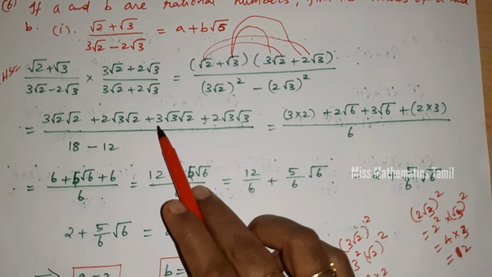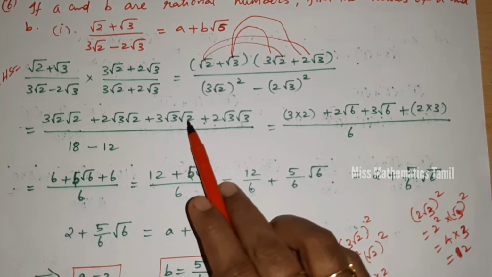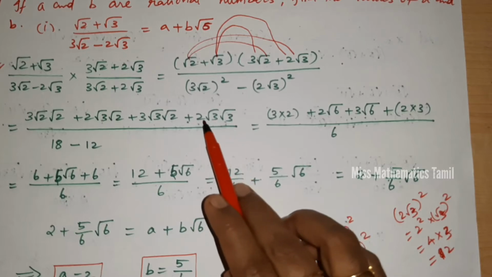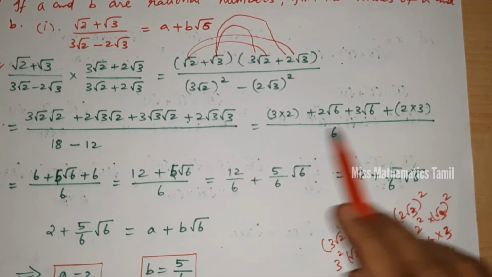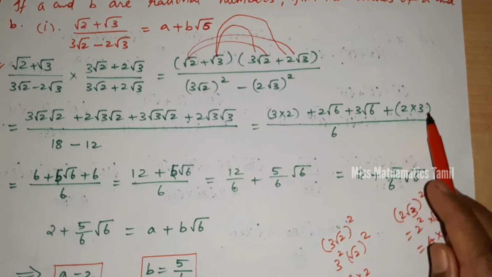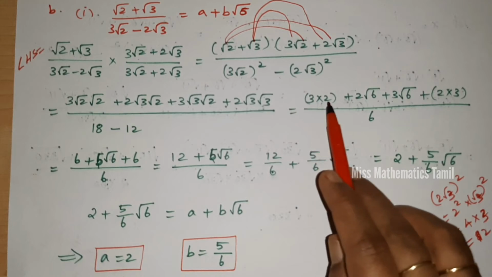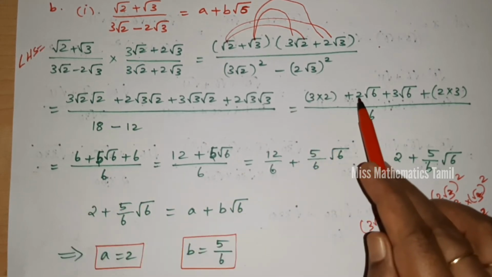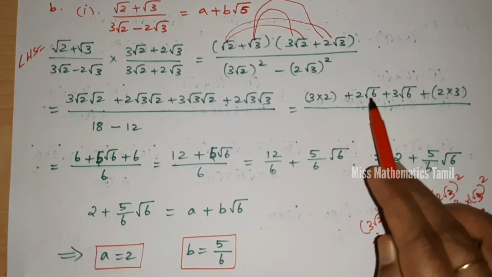Okay, next third term 3 into root 3 into root 2, so root 6 here. Last term 2 into root 3 into root 3, only 3, right? So 2 into 3. Okay. Finally, in the numerator area 3 twos are 6. Next, this portion and this portion all together 5 root 6.